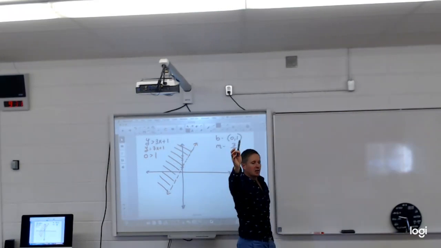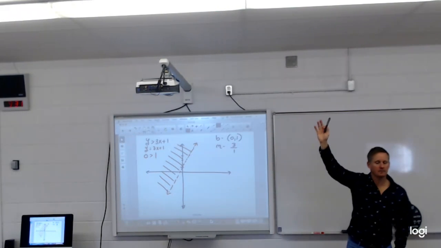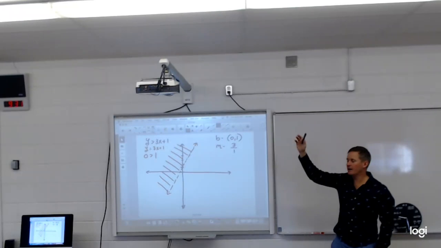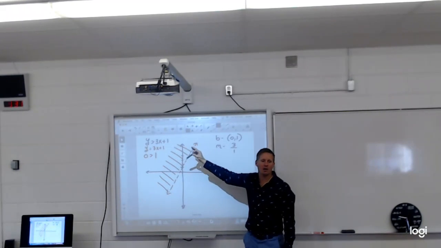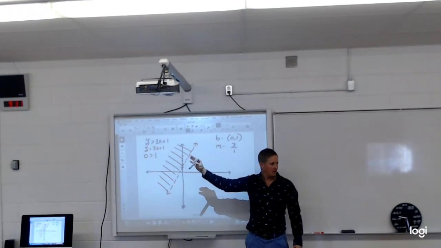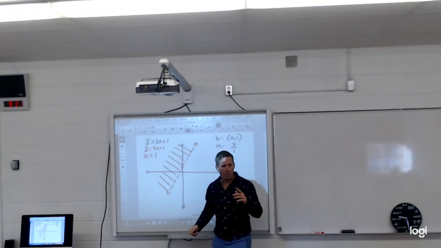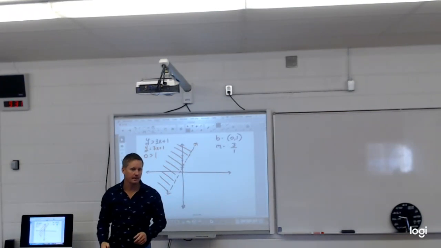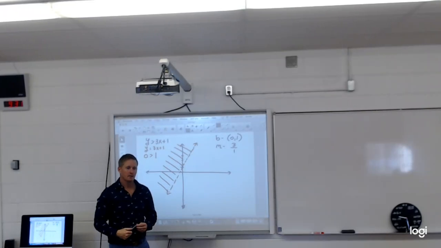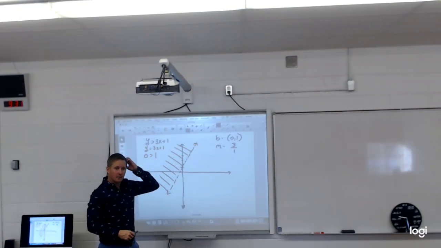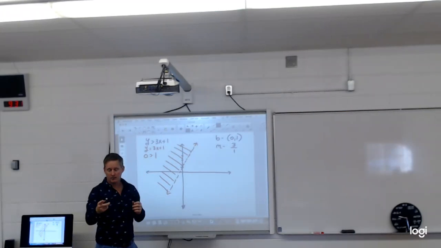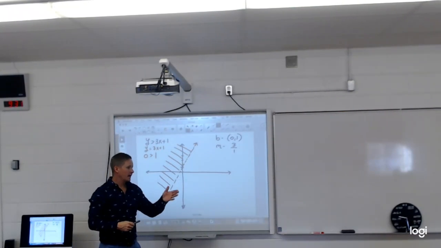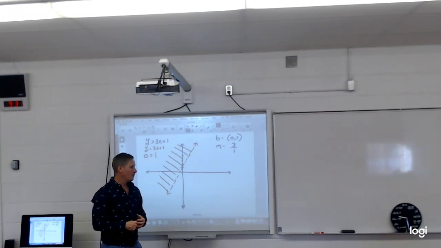How many of us got that entirely correct? How many of us didn't get the shading part right? So what did you do? I just guessed which side and didn't know what I was doing.